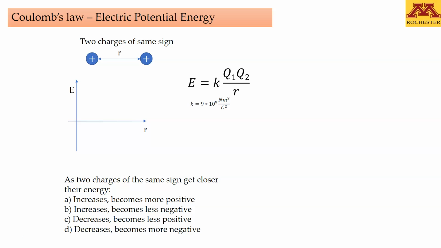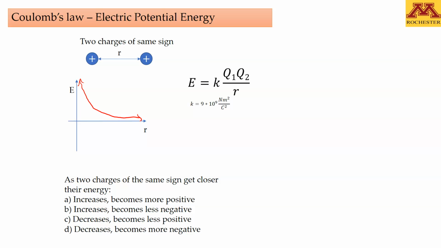Well, I think I have to approach this from a mathematical perspective. If I know they're the same sign charges, the graph looks something like this. As they get farther apart, they're repelling each other, right? That's the physical interpretation. As you bring them closer, they want to repel, and so putting them closer requires a lot more energy, right?